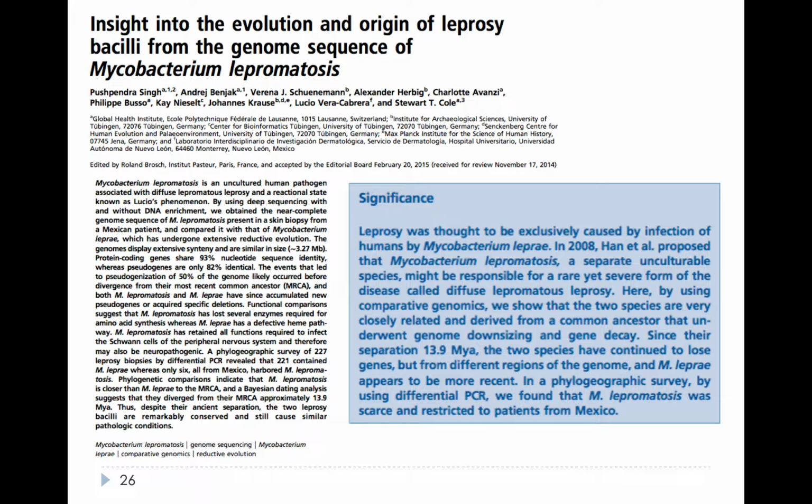I think they have a common ancestor, most recent common ancestor, 13.9 million years ago. So it's a remarkable example of convergent evolution, where two lineages of mycobacteria that were presumably free-living decided to jump into humans and maybe other animals and cause this particular disease, adopt this particular lifestyle.